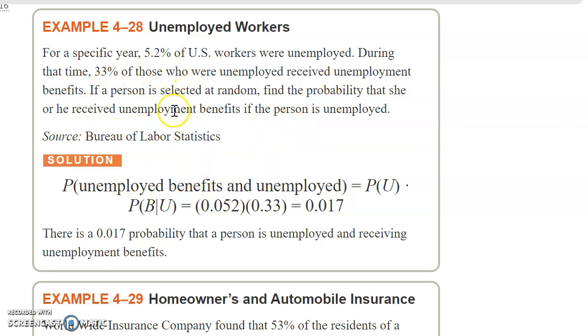So now we're picking a person at random, find the probability that he received unemployment benefits if the person is unemployed. So what's basically happening here is he's using U for unemployed where before he was using A. That's the first event. If you want to change that on your paper, that'd be maybe a good idea. So the first event is being unemployed, and then you get the unemployment benefits.